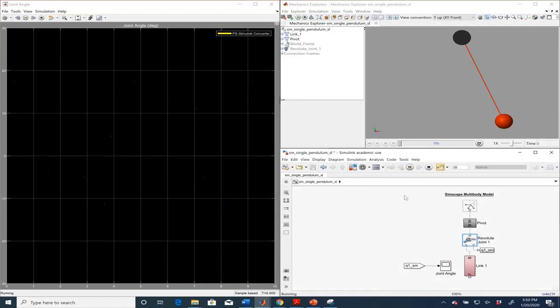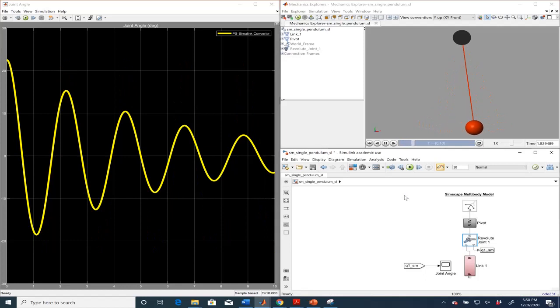I'm going to let this run. And what I see is the ball swings a little bit less every time. The angle as a function of time doesn't swing as much, and what I see is what I call a damped sinusoid.